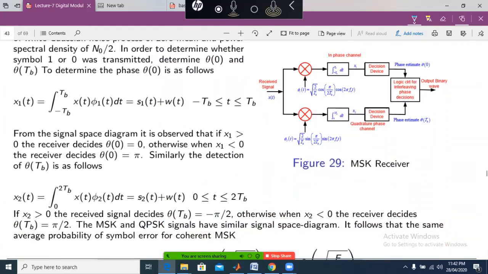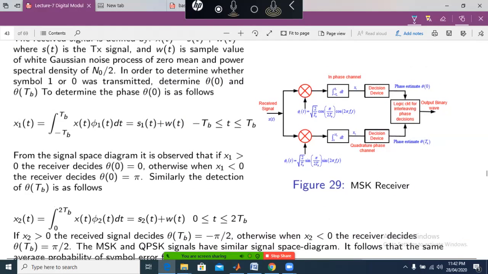So this is the modulator structure. As I've shown you, phi 1 of t is the basis function, and phi 2 of t is the second basis function. The in-phase channel is integrating from minus TB to TB, and the quadrature phase channel is integrating from 0 to TB. Then we have the values of x1 and x2, and then we have a decision circuit.